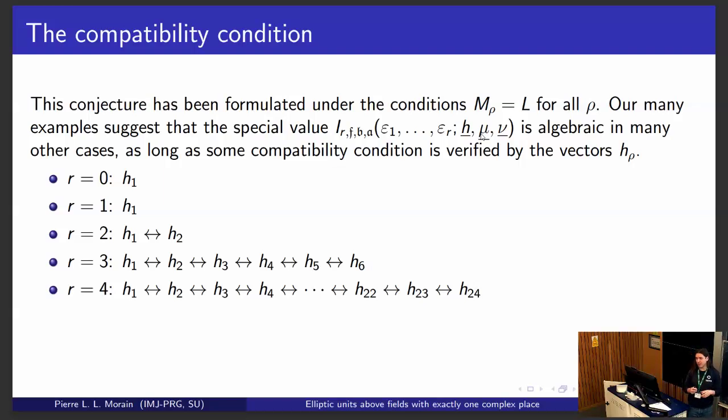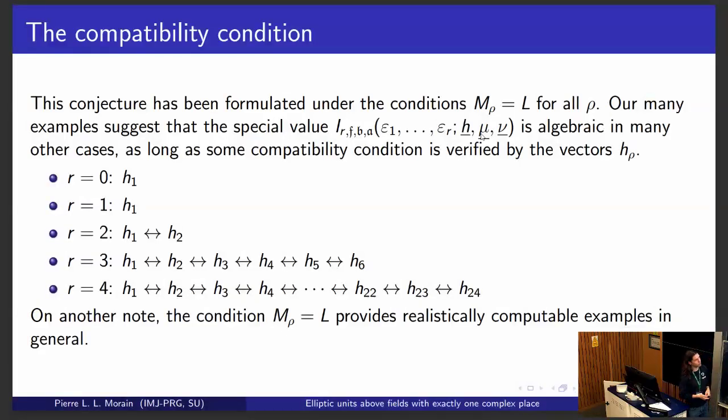And we hope that there is a looser form of this, which tells you that the different sublattices M rho cannot be so different from one another, and there has to be some way to make them all agree with each other. It's a bit vague, I know, but the best thing I can do for now is to tell you that it works when you have all M rho equal to L, the strongest form of compatibility.